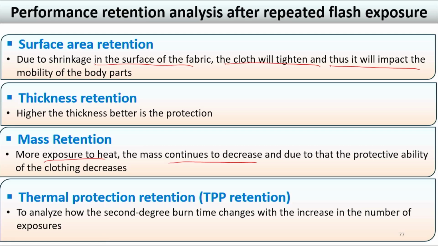And TPP retention, thermal protective performance, to analyze how the second degree burn time changes with the increase in number of exposures. That can be tested after repeated thermal exposure. Typically it drops due to all the other factors which have been discussed.